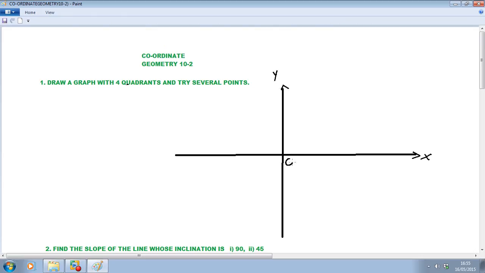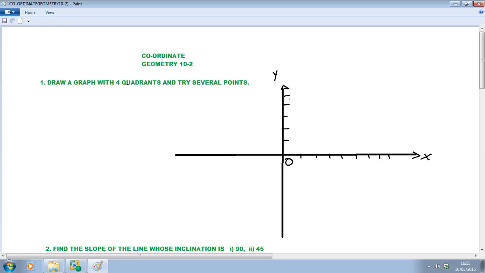So the junction is the origin. Normally we divide the axis into 1, 2, 3, 4, 5, 6, 7, 8 like that, and it goes on. In the y-axis also we mark 1, 2, 3, 4, 5, 6.